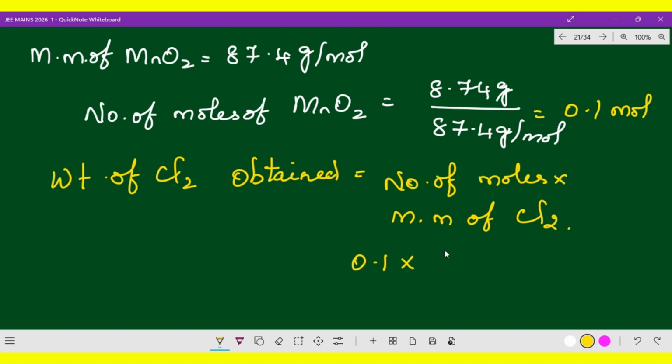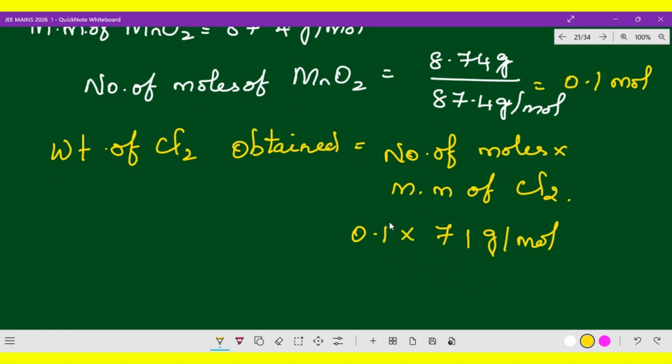So 0.1 into molar mass of chlorine, which is 35.5 plus 35.5, so 71 gram per mole. This mole and that mole will be cancelled. So what is the answer? You will be getting 7.1 gram.